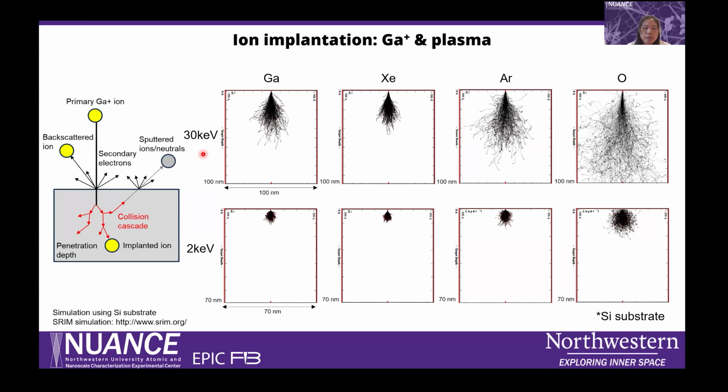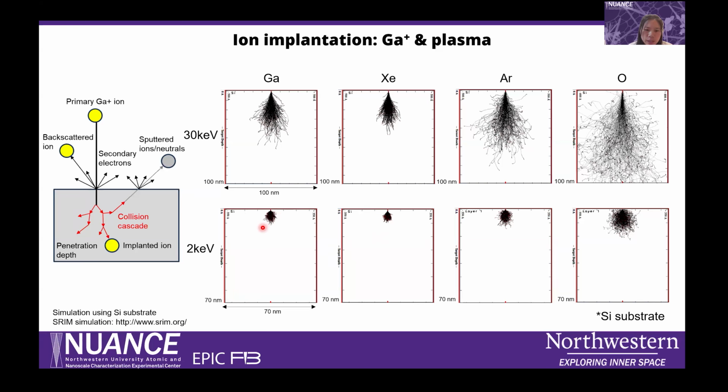At 30 kV, we can see that the gallium falls between the shallowest depths of xenon and the deepest profile of oxygen. The most important point is that when we lower the energy to 2 kV, the difference between xenon and gallium nearly disappears.